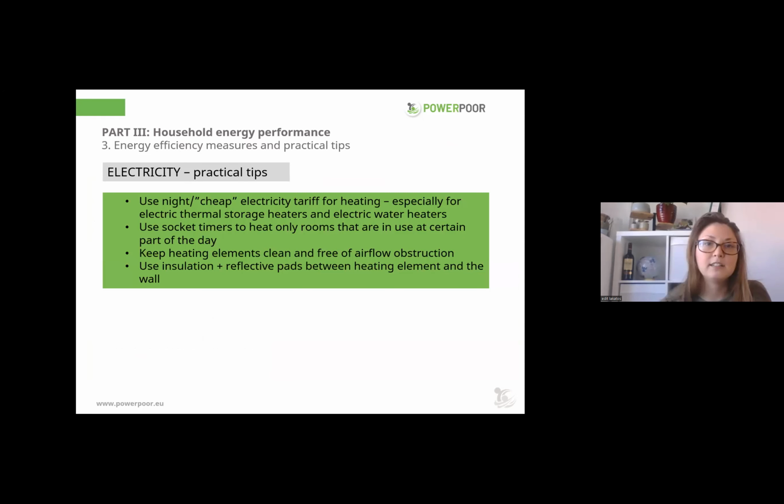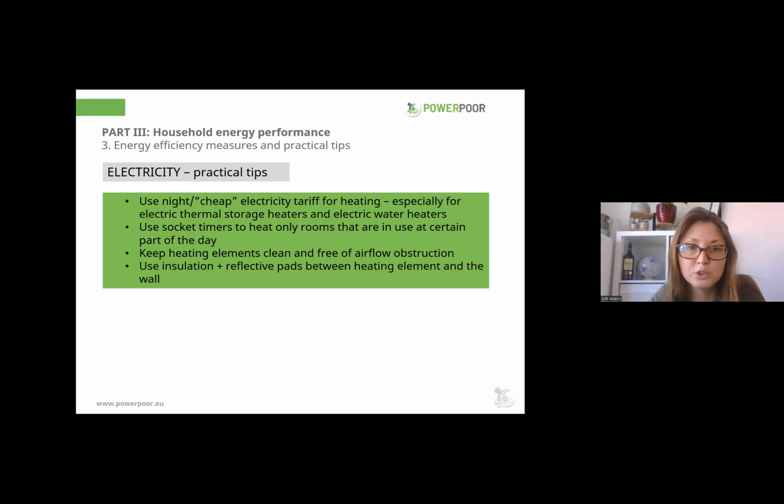Some practical tips about electricity. I think it's available in all the countries to use cheaper night electricity tariffs for heating.